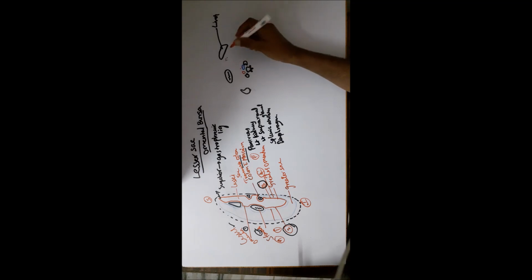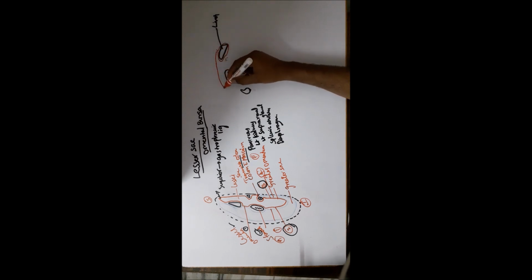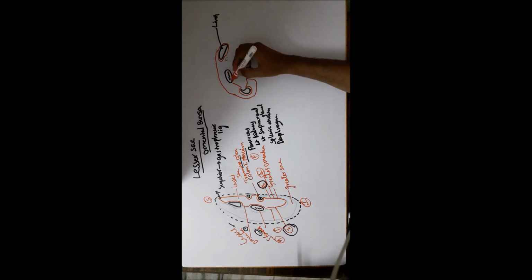So mark 2 points here. Start from this liver here. This is the anterior abdominal wall. This will be the posterior abdominal wall, lining the spleen, and from the spleen to the stomach.